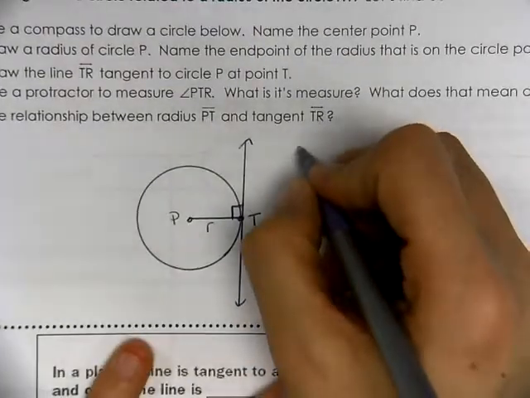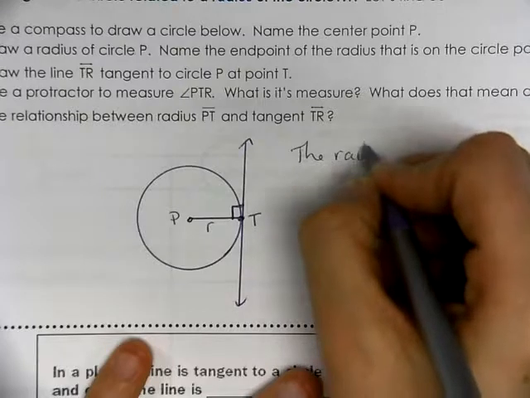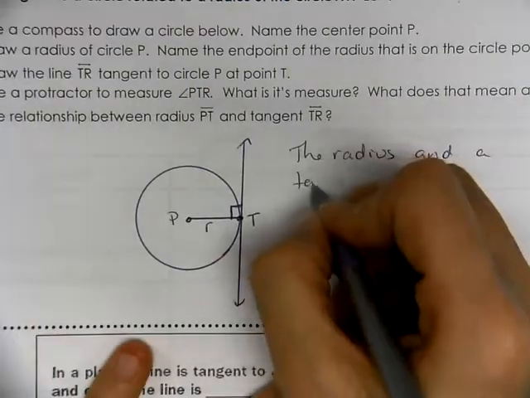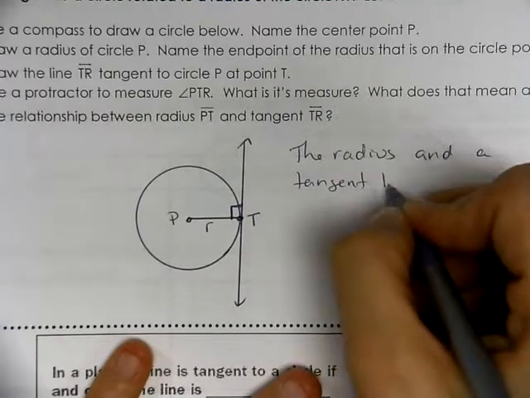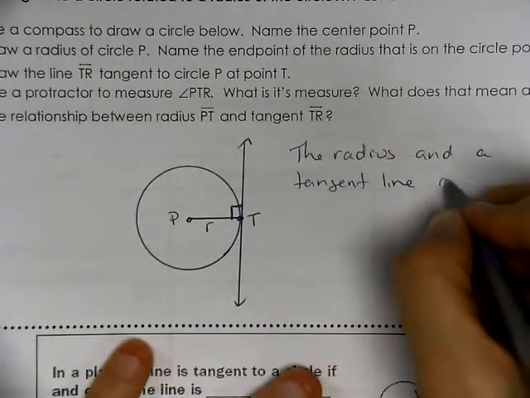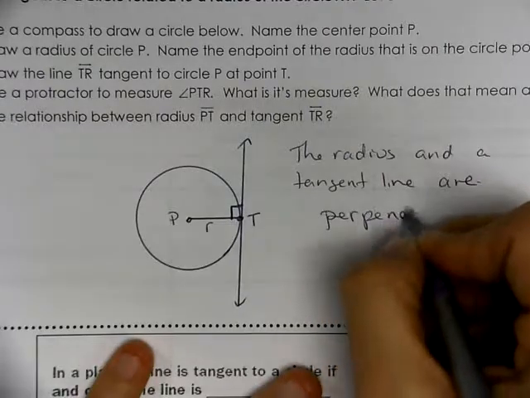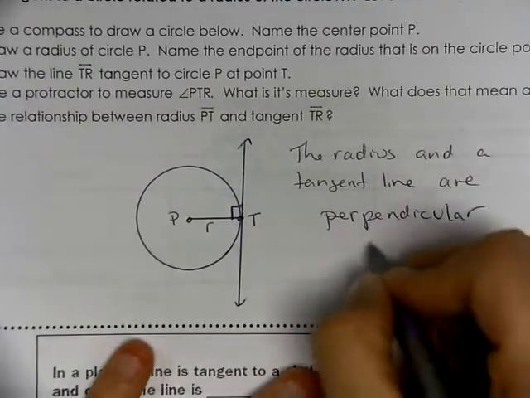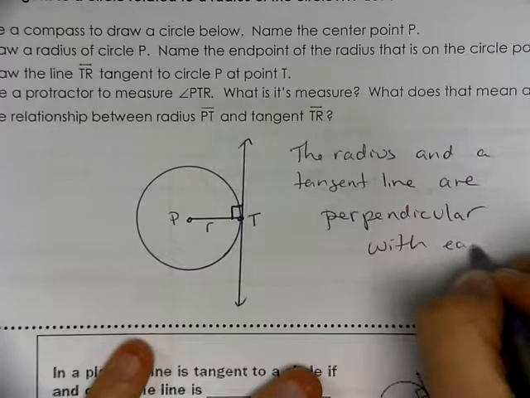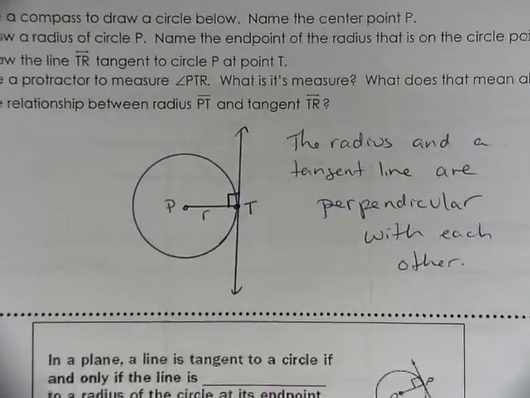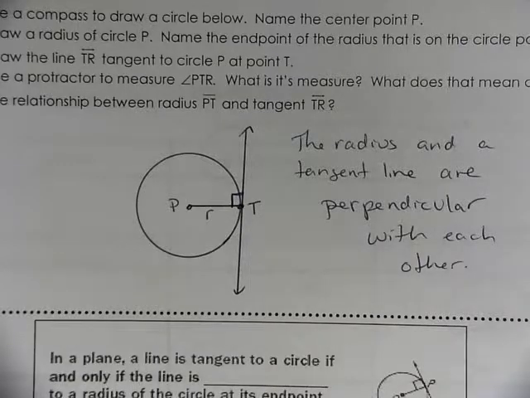So the radius and a tangent line are perpendicular with each other. So any radius and any tangent line will create a right angle.